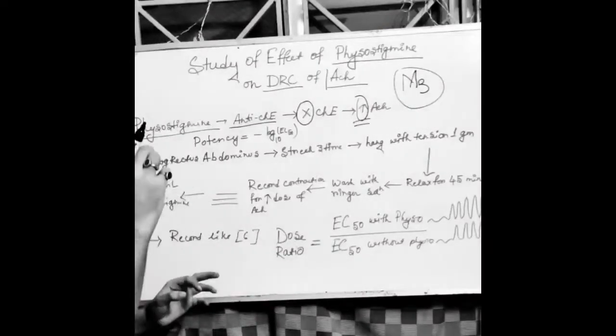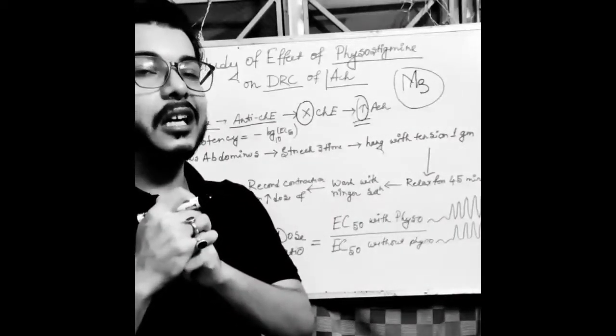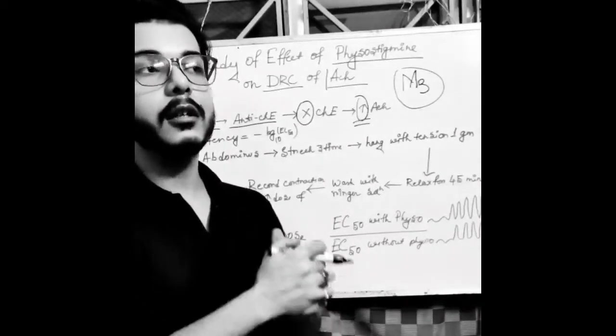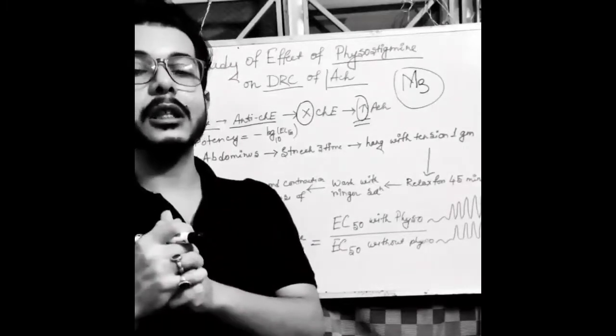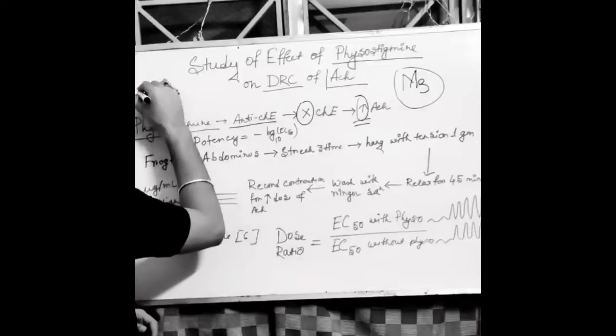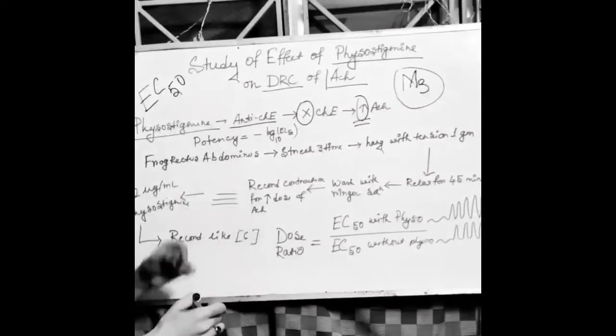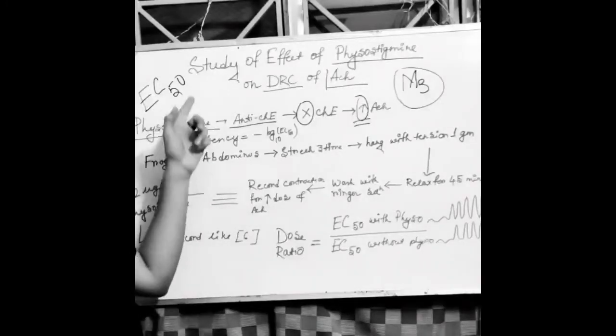So in the principle of this particular experiment, there is a terminology you have already heard, that is EC50. What is EC50? E for effective, C for concentration, 50.